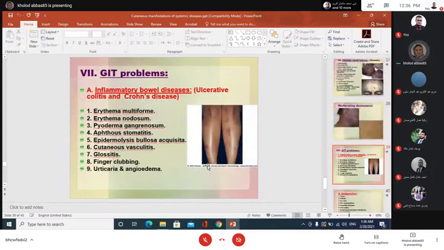GIT problem, most common changes associated with inflammatory bowel disease, ulcerative colitis, and Crohn's disease. The most common changes اللي هو erythema nodosum, erythema multiforme, pyoderma gangrenosum, recurrent aphthous stomatitis, epidermolysis bullosa acquisita, cutaneous vasculitis, glossitis, clubbing of the nail, urticaria, and angioedema.